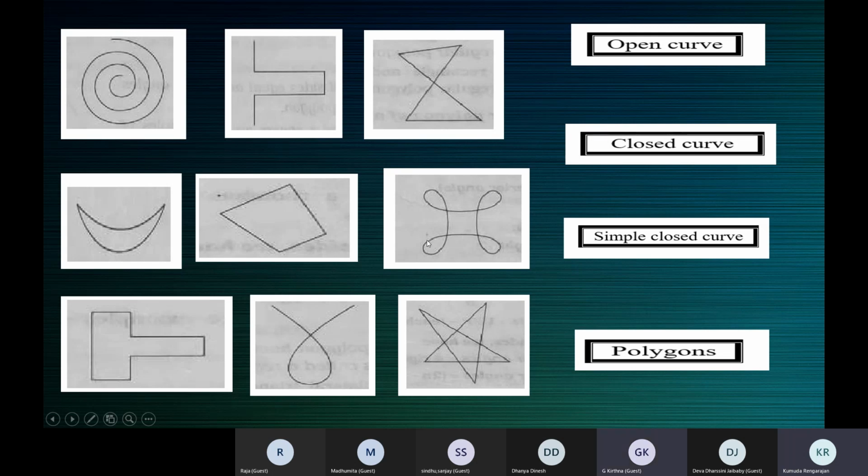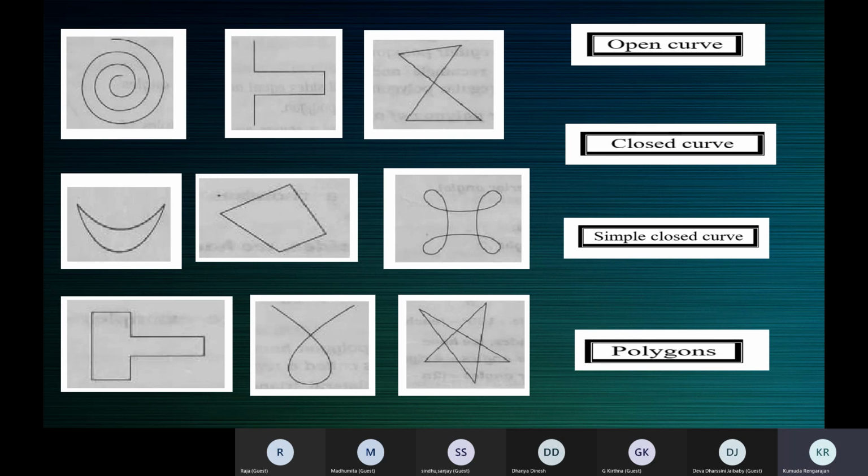Ma'am, but it's not a simple closed curve, because it intersects, no ma'am. Yes, Kirtana, we are coming to that. So supposing we start like this, and we finish here. So it is a curve because we can draw this figure without lifting the pencil. It's a closed curve because the start point is equal to the end point.